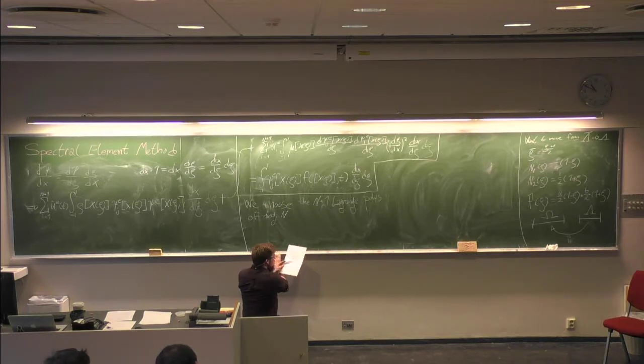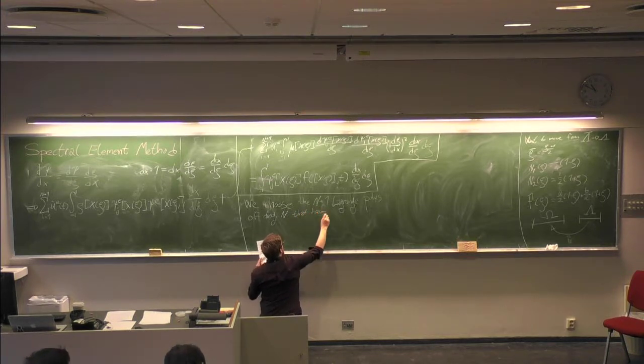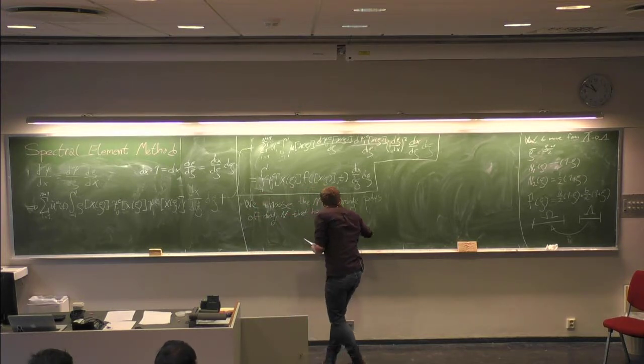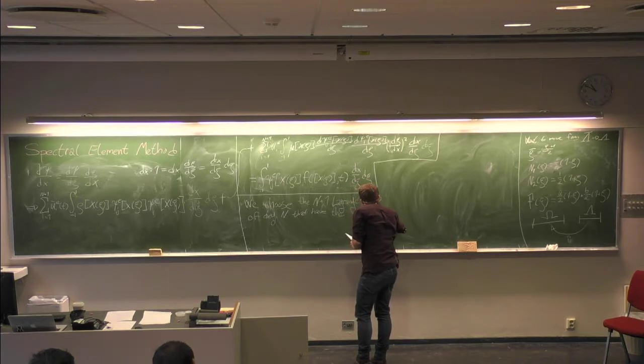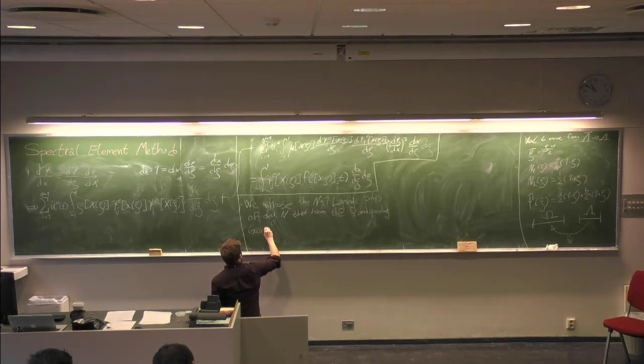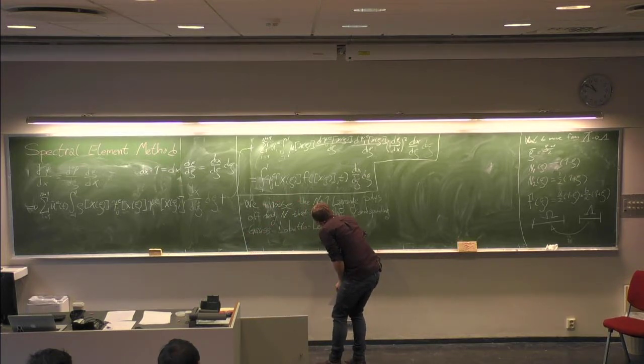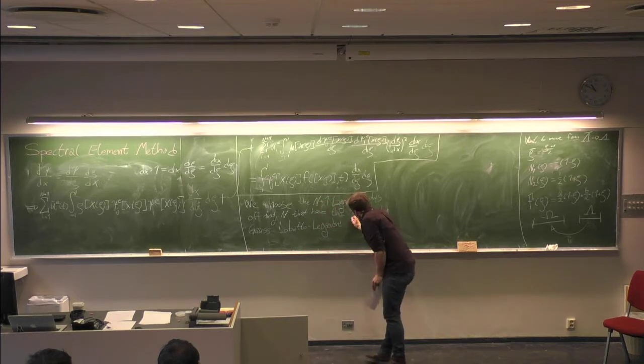The last time we had Gauss-Legendre points, now we use Gauss-Lobatto-Legendre points, or GLL points.